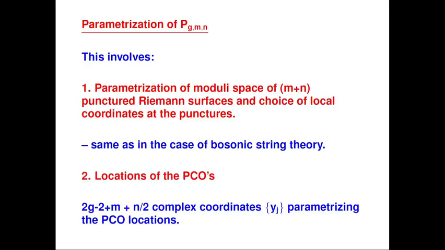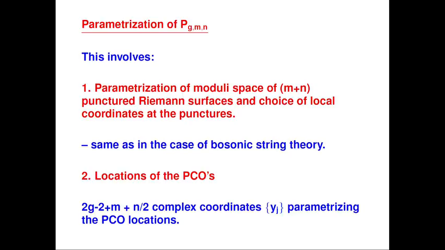Okay, so let me begin by specifying the parameterization of P_g^{m,n}. First of all, this involves parameterizing the moduli space of an (m+n)-punctured Riemann surface, because after all you have m NS punctures and n Ramond punctures. And you also have to choose local coordinates at the punctures. Well, we do not have to choose local coordinates at the punctures.